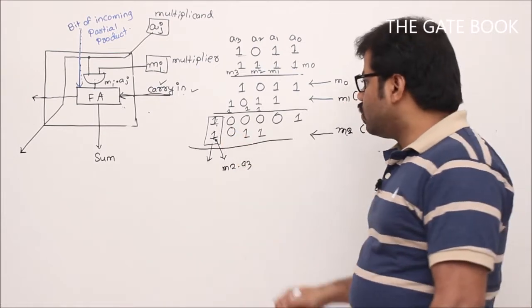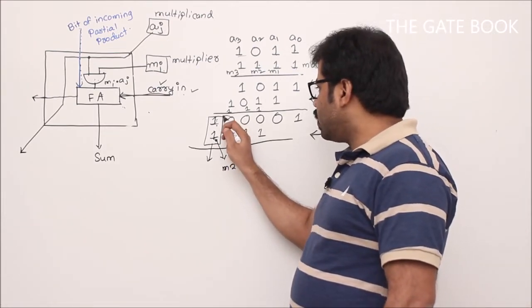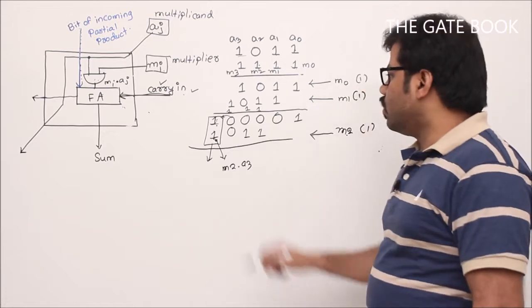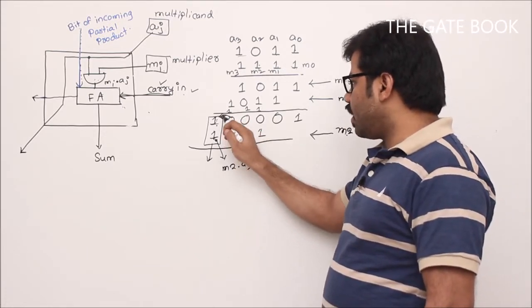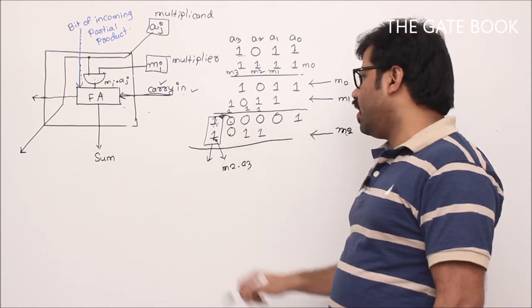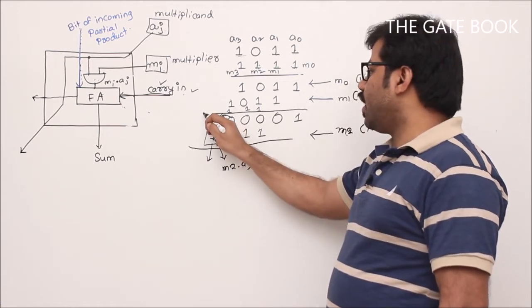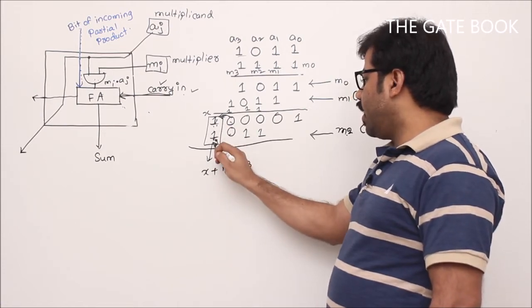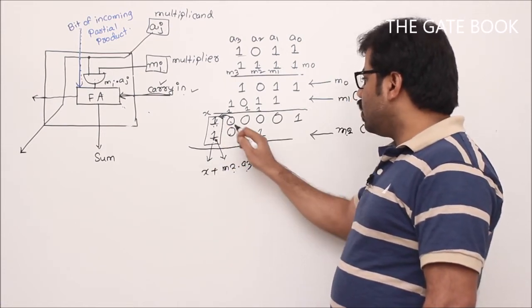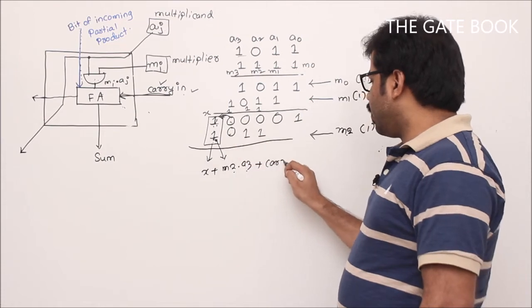To add, you need a carry also, right? This carry is going to come because of these two sums. That carry, this bit we are adding. Assume that bit is something x. Then we will be adding x plus m2 dot a3 plus this carry in.